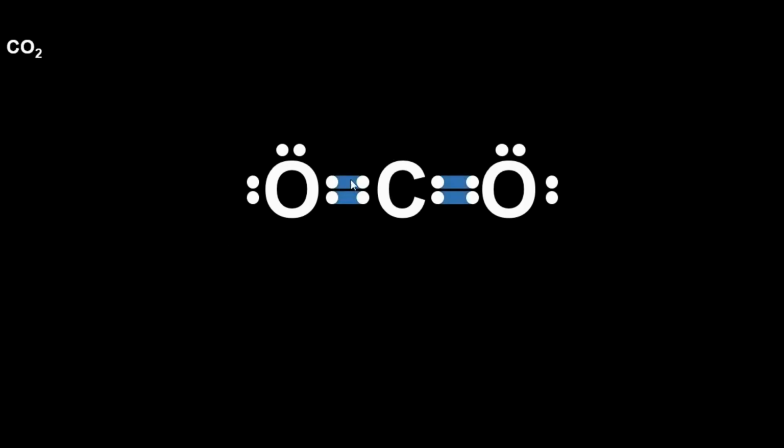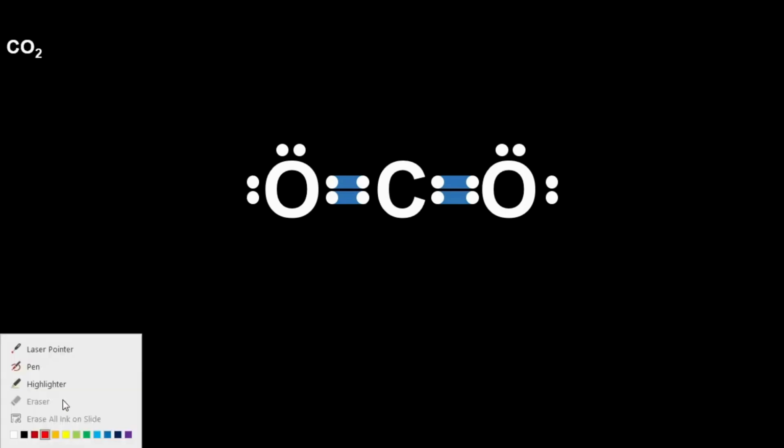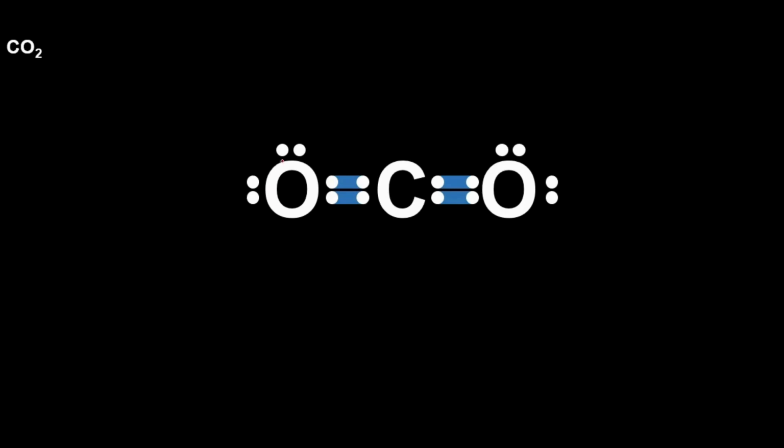After sharing these electrons, let's check the number of valence electrons. 1, 2, 3, 4, 5, 6, 7, 8. And again 1, 2, 3, 4, 5, 6, 7, 8 for each of the other atoms. So all of these atoms are stable. All of them now have 8 valence electrons.